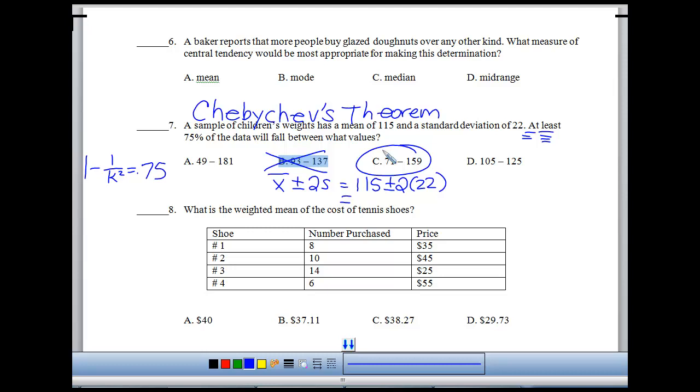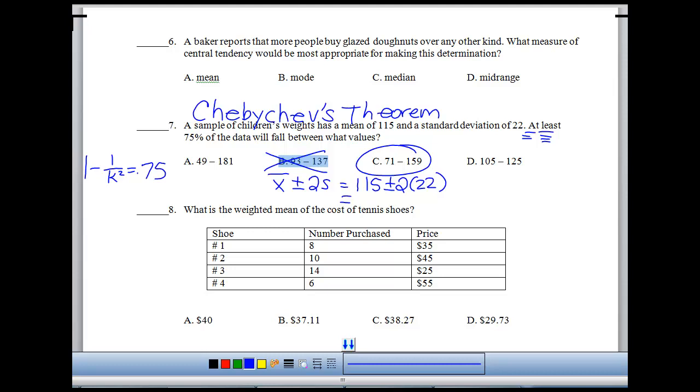Okay, number 8. We gotta go fast. What is the weighted mean of the cost of tennis shoes? How would we find that if you don't know the value? What would you do to find it? You don't know?